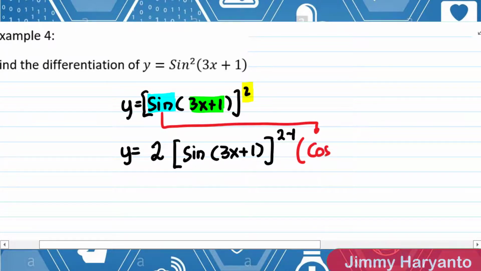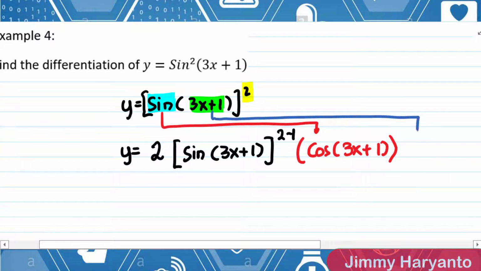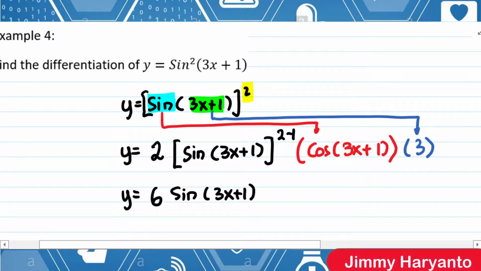Sine will become cos, and then times cos 3x plus 1, and then times it again with the second inner function, times it again with 3. Okay, so the final result will be 6, and then sine 3x plus 1 to the power of 1, and then times it again with cos 3x plus 1. There you go.